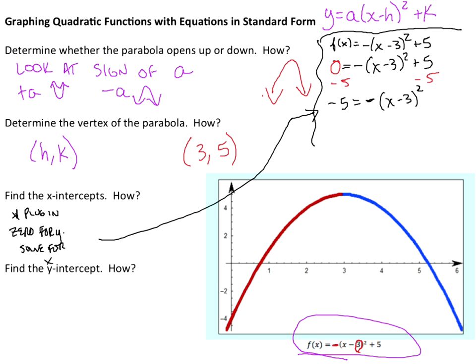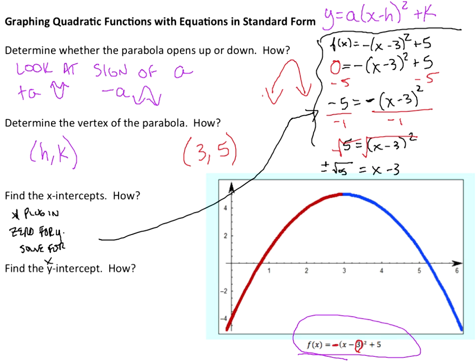I want to divide that negative off because I want to isolate the squared unit before I take the square root of both sides. And that leaves me with 5 equals (x minus 3) squared. Now I can take the square root of both sides, and I get positive and negative square root of 5 equals x minus 3.